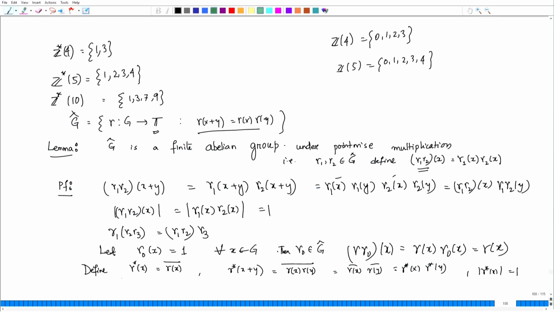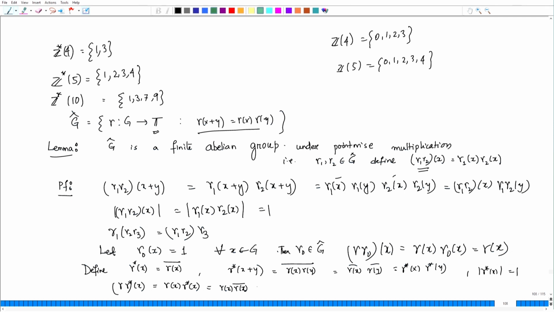So, now if I take gamma gamma star of x, this is going to be equal to gamma of x into gamma star of x by definition. Now, this is going to be equal to gamma of x times gamma of x bar.